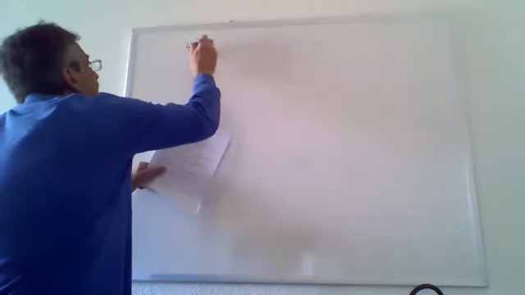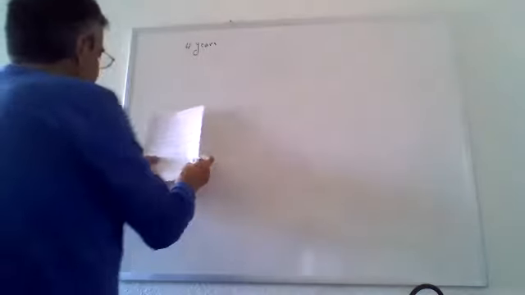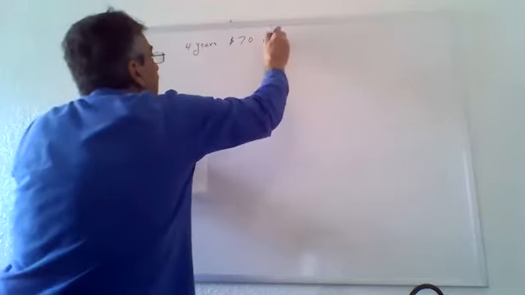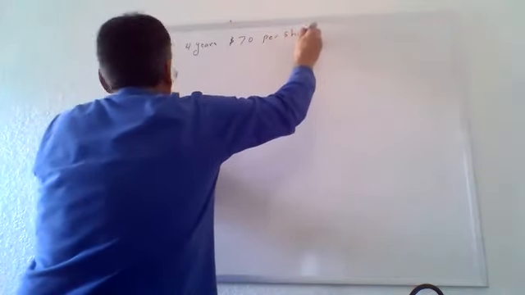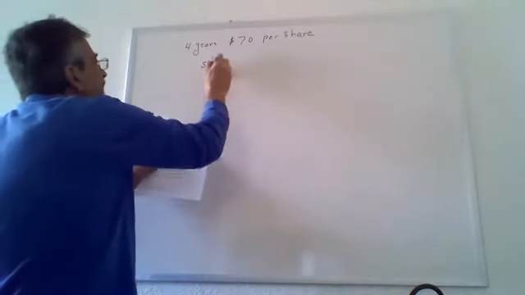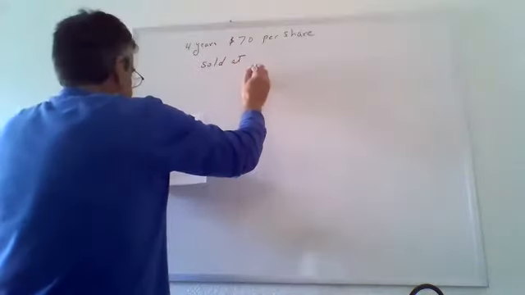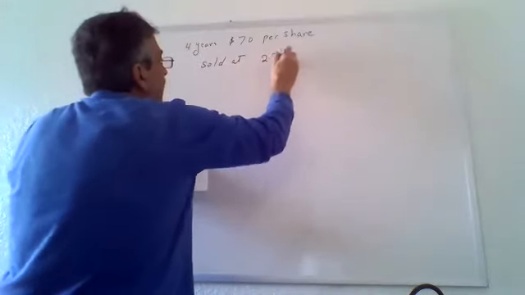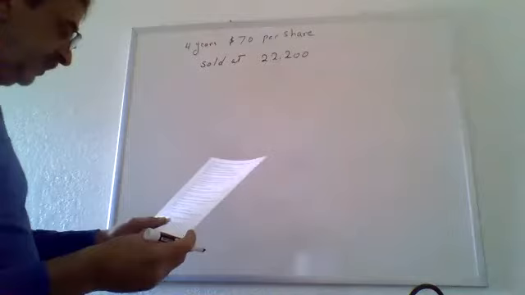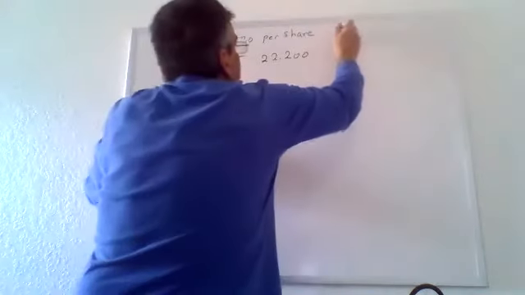It says 4 years after buying 200 shares of XYZ stock at $70 a share, you sold at $22,200.